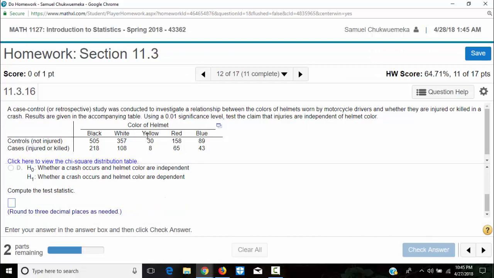Compute the test statistic. This is a 2 by 5.